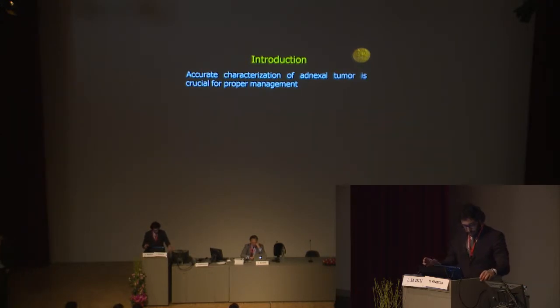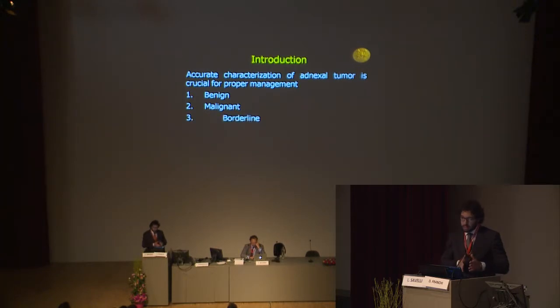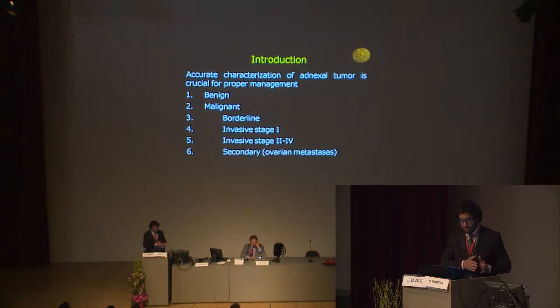And until 2014, logistic regression models and simple rules, risk of malignancy indexes, and scoring systems could only differentiate between benign and malignant masses. But we have heard how important it is, besides this distinction, to define whether a given malignant mass is a borderline tumor, a stage 1 tumor, advanced cancer, or a metastasis of a different primary cancer.